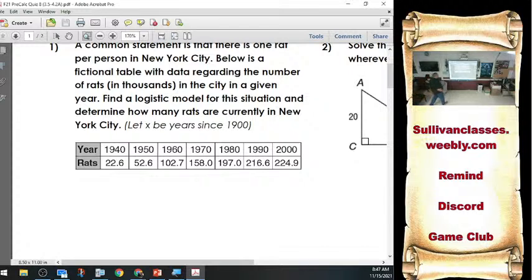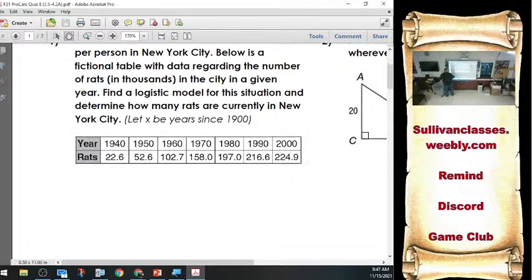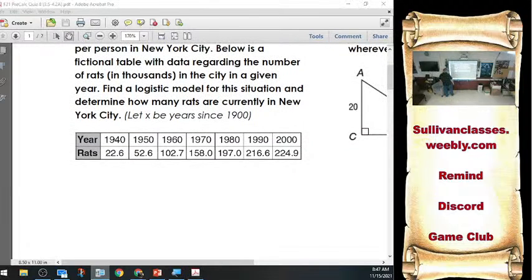So, you all know the drill by now. If you got data in the table, start putting data in the table.